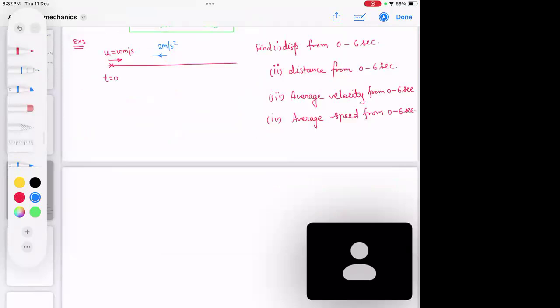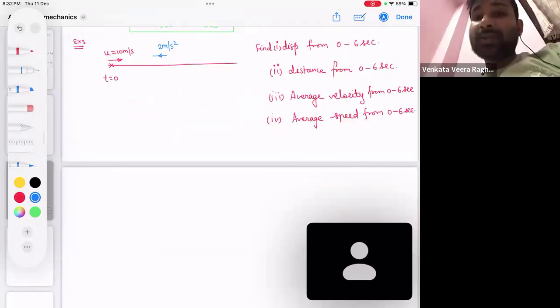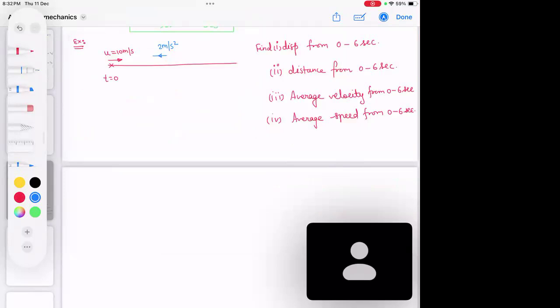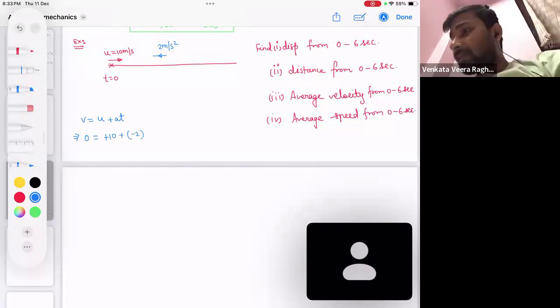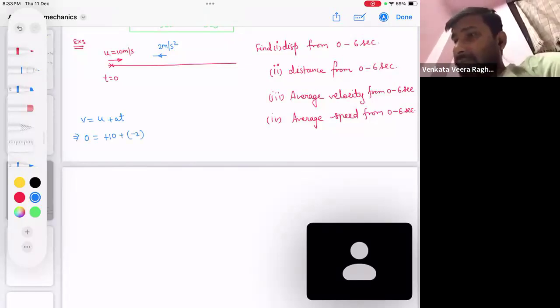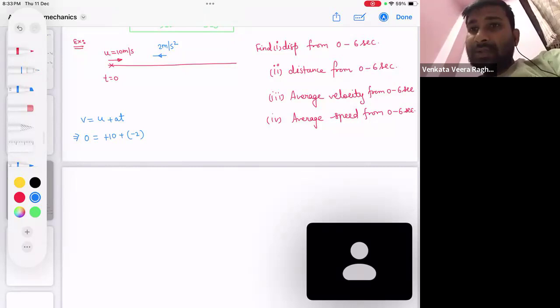From v equal to u plus at, we can solve it. We will apply v equal to 0. Initial velocity 10, acceleration is minus 2, since towards right I am writing as positive, into t, that gives us t equal to 5 second.